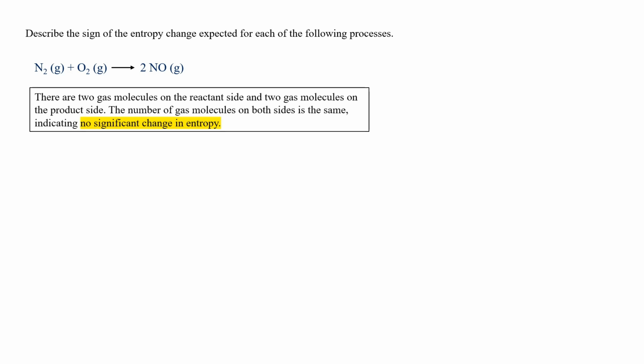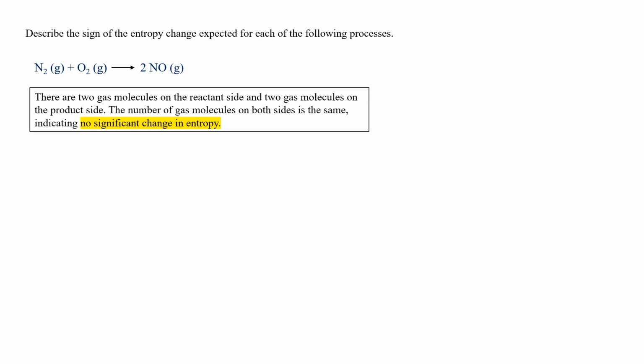Next, let's see how we can describe the sign of the entropy change for these given reactions. The first reaction is nitrogen and oxygen combining to form nitrogen monoxide. The reaction is balanced. One molecule of N2, or 1 mole of N2, combines with 1 mole of O2 to produce 2 moles of NO. Is the entropy of this reaction increasing or decreasing from left to right?